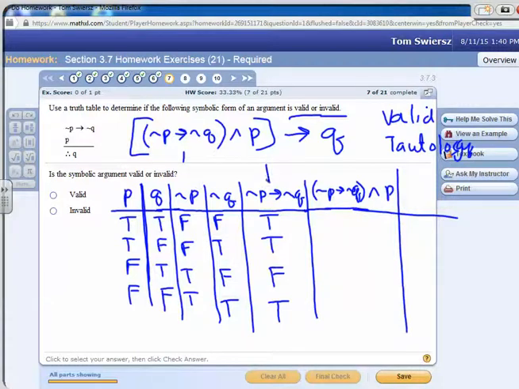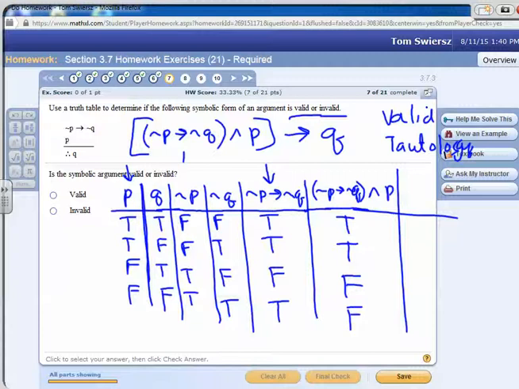So we're looking at column 5 and column 1 together with an and. So true and true is true. True and true is true. False and false is false. And false and true is false.